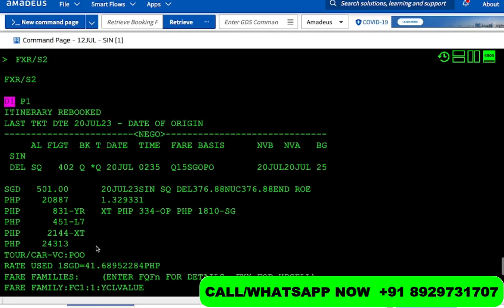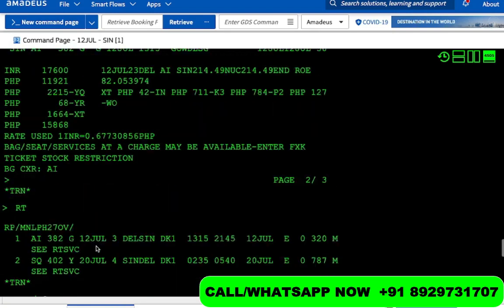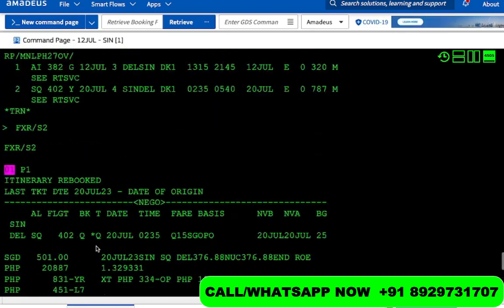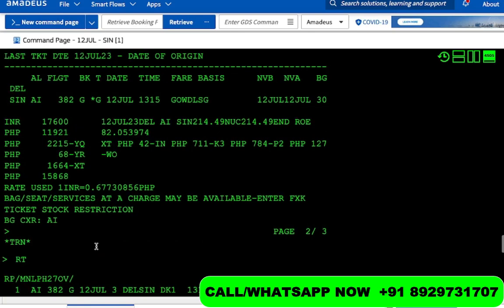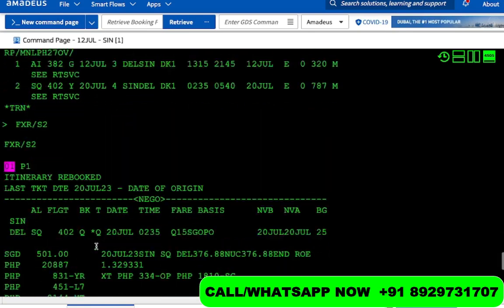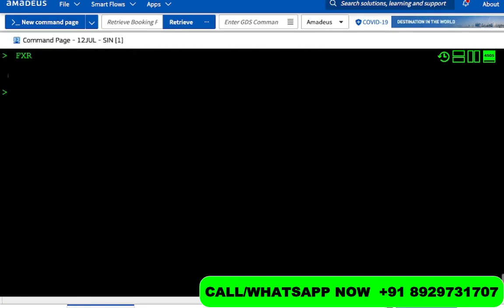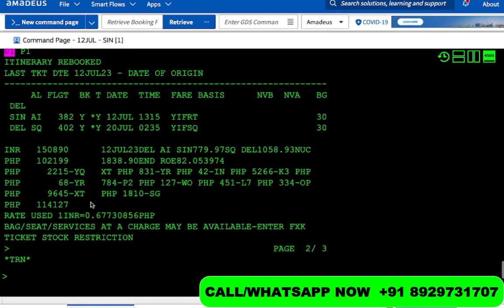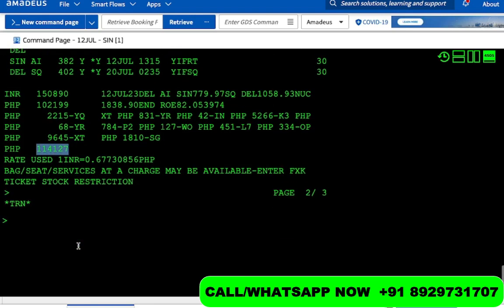This means that if we combine both pricings, we will be getting a fare of around 40,000, whereas if we price them together, we were getting around 114,127. So it is basically a third of the price that we get if we price it together. This is another reason why you might have to do sector pricing.